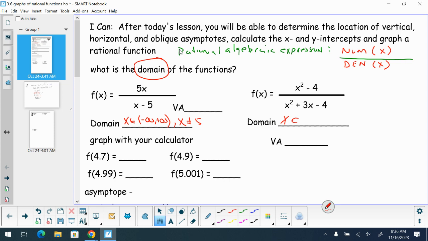Well, in the second one here, what would be your domain? Check your answer with somebody around you.